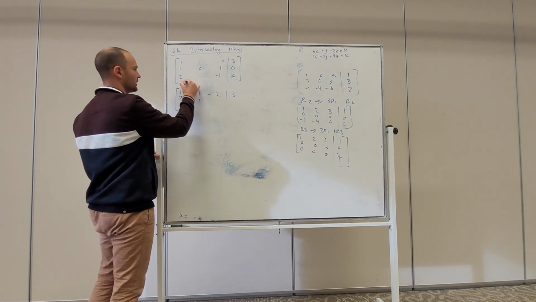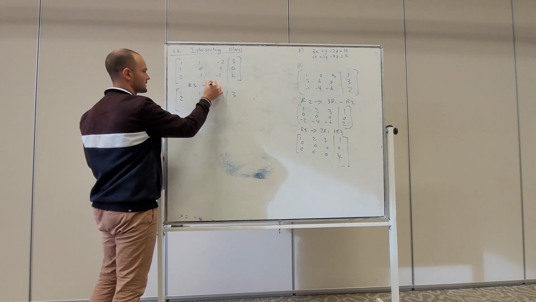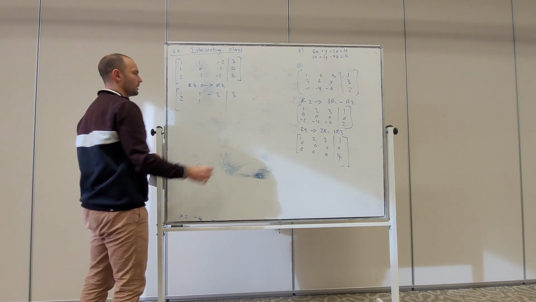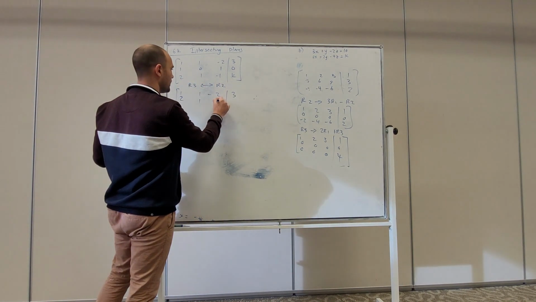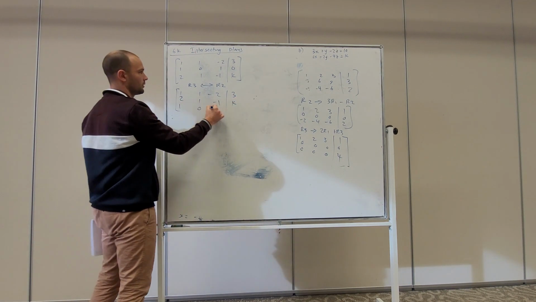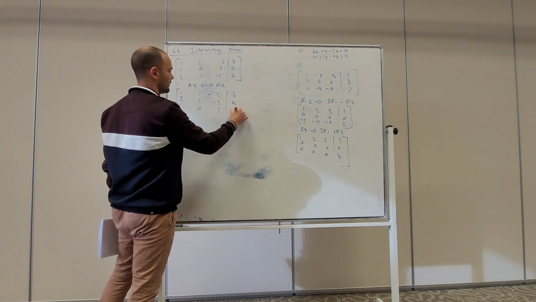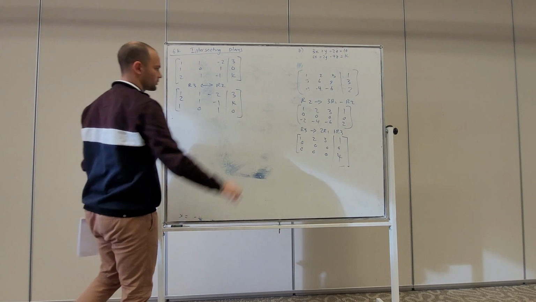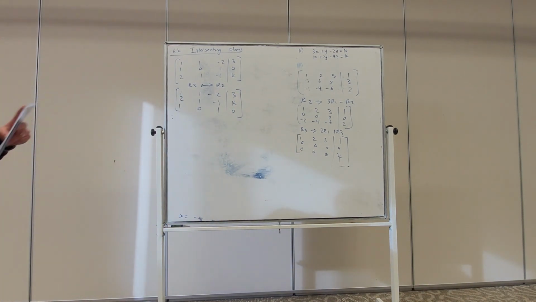I better state that I'm doing it. So I'll swap row 3 with row 2. 2, 1, minus 1 goes in the second row. 1, 0, 1, 0. I'm actually not sure if this is going to help actually. No, it won't.